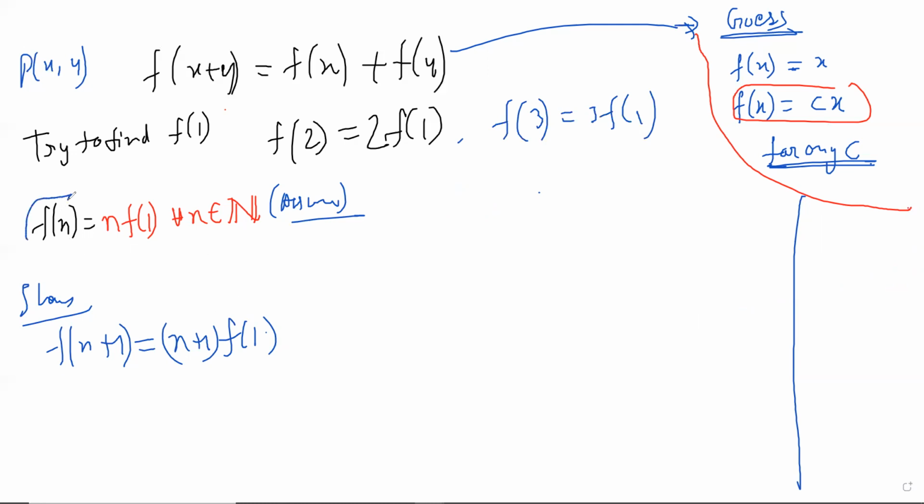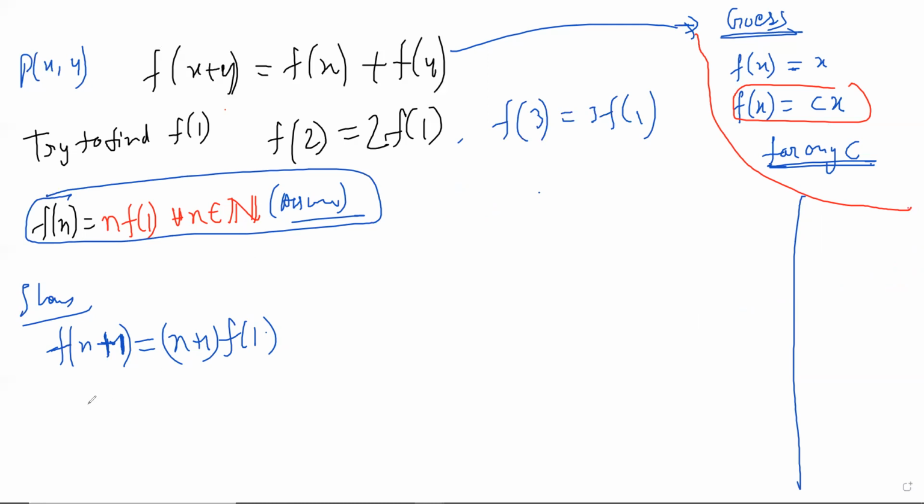Think of it like this is already given to you, and you want to comment on f of n plus 1. Just think of you want to comment on f of n plus 1. How are you going to use f of n to do it?